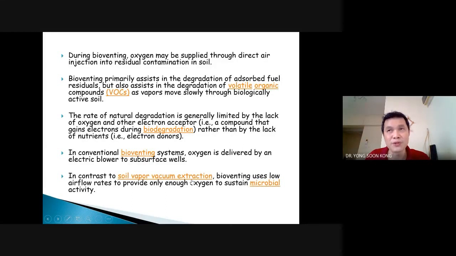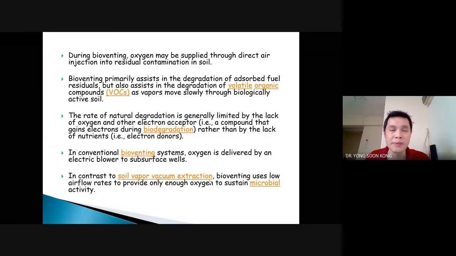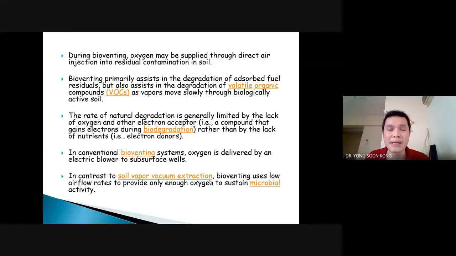However, if you're going to involve bacteria as part of this remediation technique, it's called bioventing. And there is a difference between these two techniques. If flushing out the contaminants is your main mechanism, it's called extraction. So you use high pressure to do it.